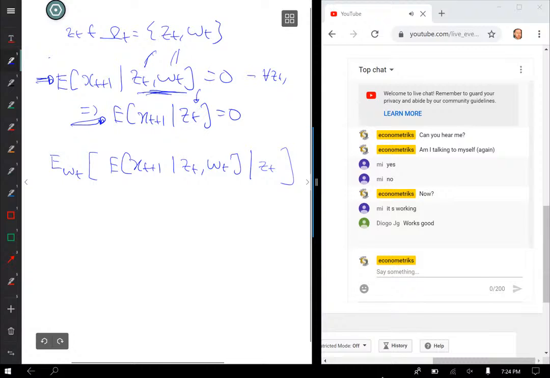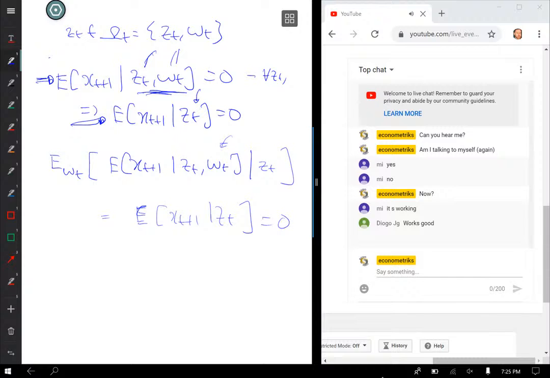Well, all we're doing now is averaging across the w's. So by definition, this is just going to be then E of this given zt. Again, we're taking the average across the w's given zt. Okay. So that's just the law of iterated expectations, given a particular example.